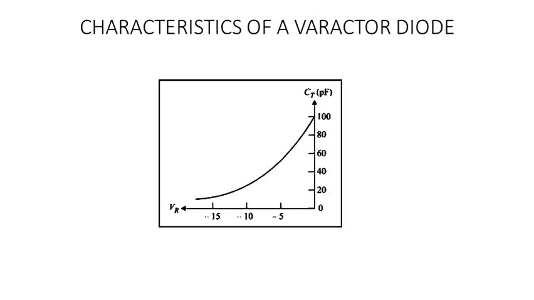If you look at the characteristics, for a lower reverse bias voltage, you find that the capacitance is more. See, it's almost 100 picofarads, whereas as the reverse bias voltage keeps on increasing, you find that the capacitance reduces. You see, it's almost 15 or 10.